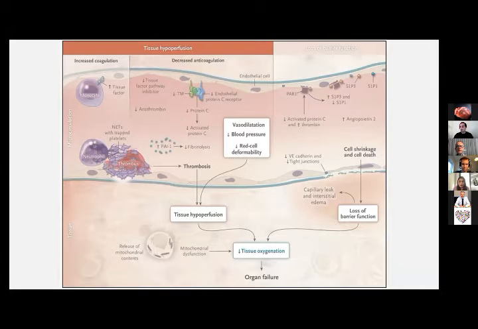Now talking about the pathophysiology, what's happening in this patient who's presenting with septic shock? There's tissue hypoperfusion. There is release of tissue factors. There is activation of the tissue factor inhibitors, antithrombin, protein C, and fibrinolysis is going on. There is thrombosis and subsequently tissue hypoperfusion.